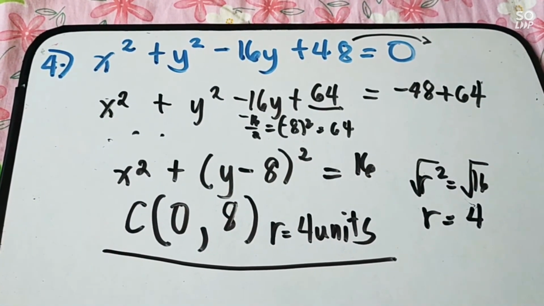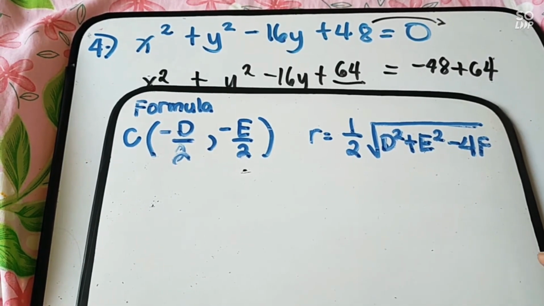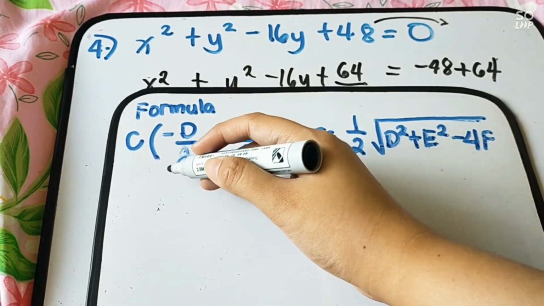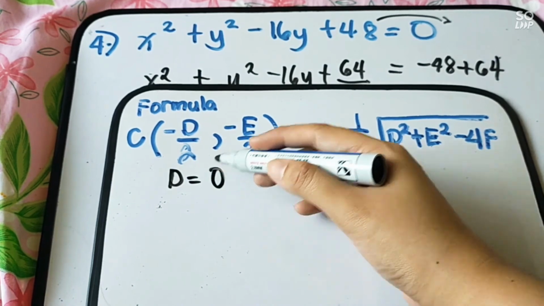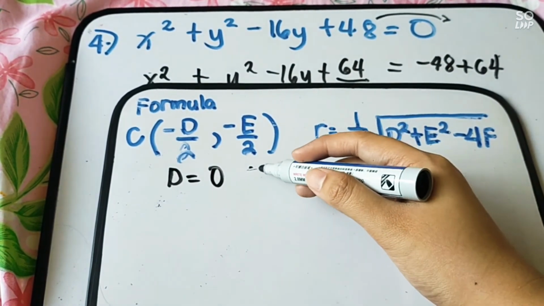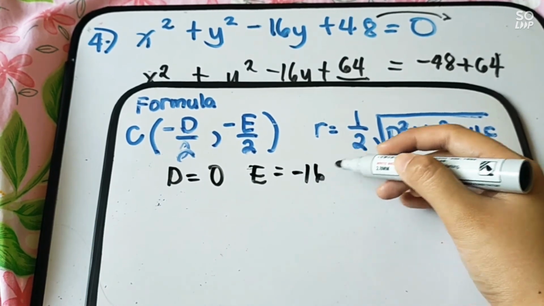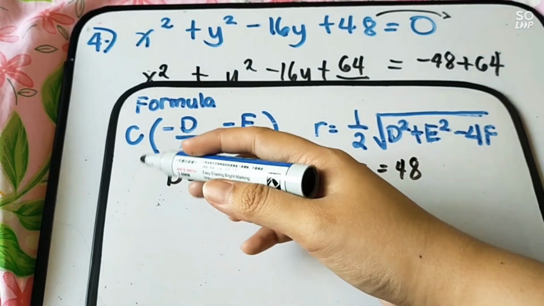Let's have the formula. Again, it is just your option whether you want to use the formula or not. Okay? So, let us have your D. Our D there is 0 because we have no x term. Then, our E, we have here negative 16. Then, your F is positive 48. So, let us substitute.